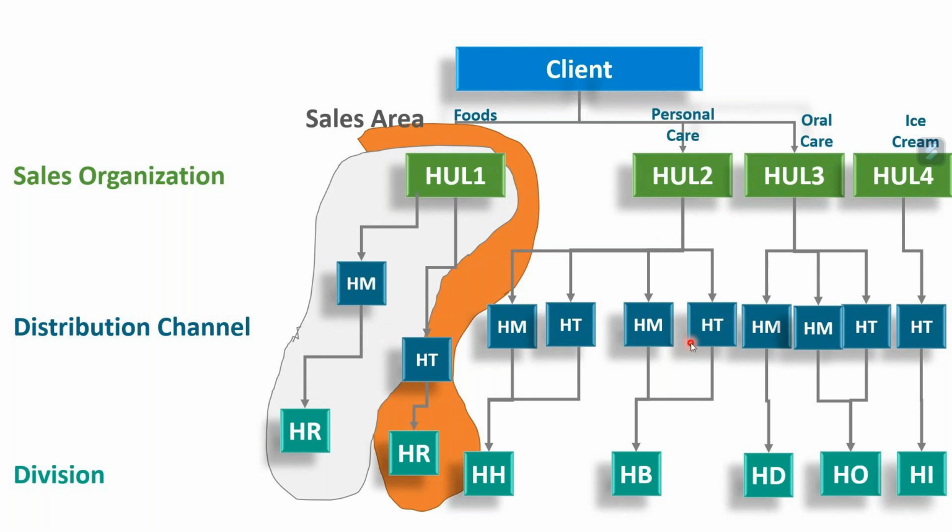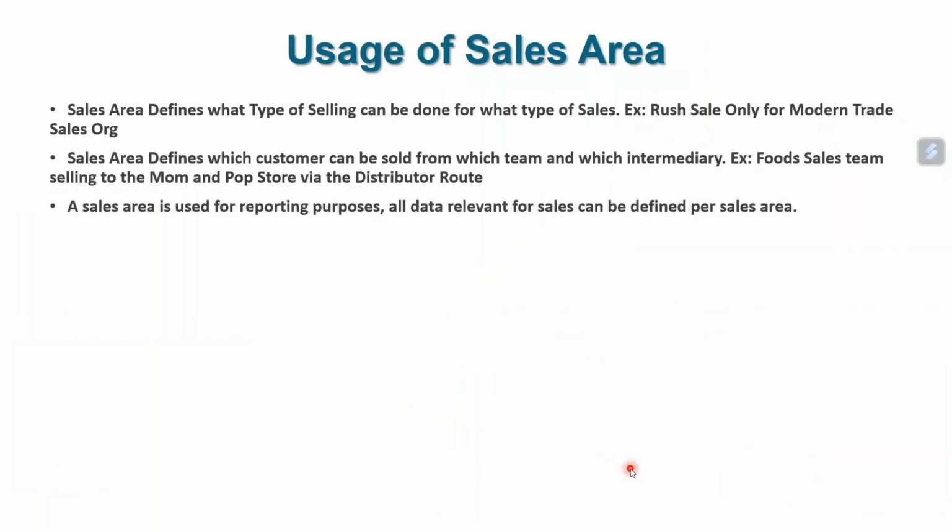If you are in India, then your personal care, traditional trade route, body care would be the most selling sales area. If you are in the US, then I believe personal care sold through modern trade, body care division products would be the most sold sales area. So basically, it helps you in your sales as well.